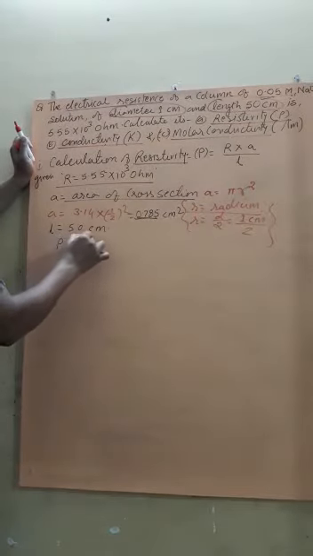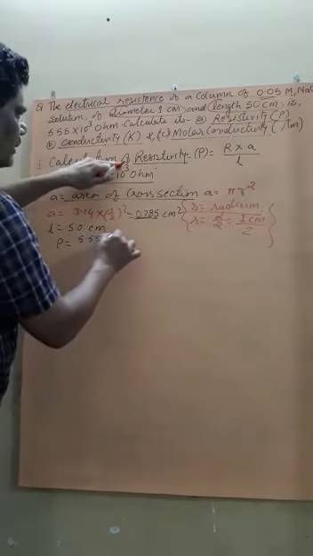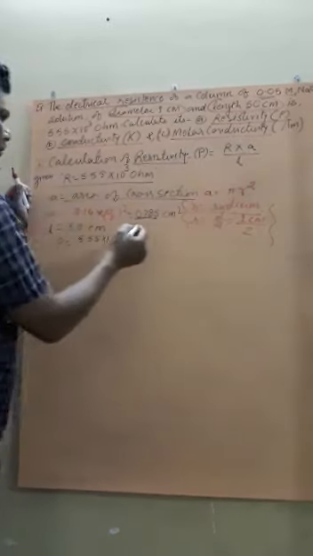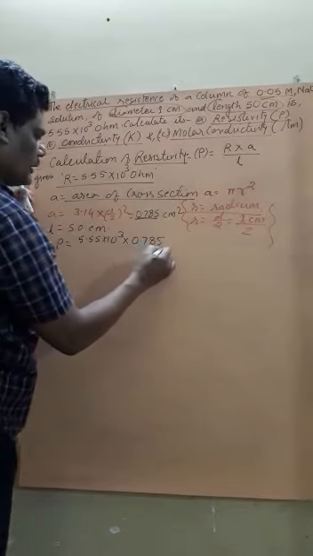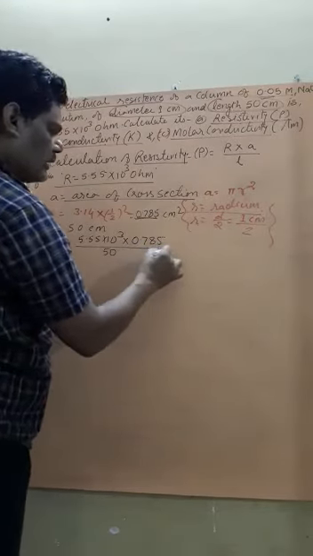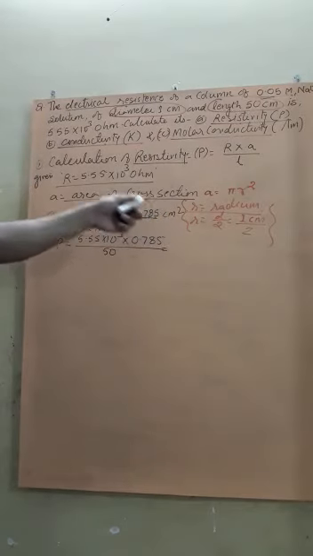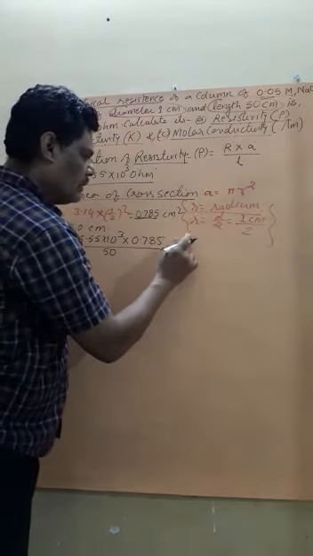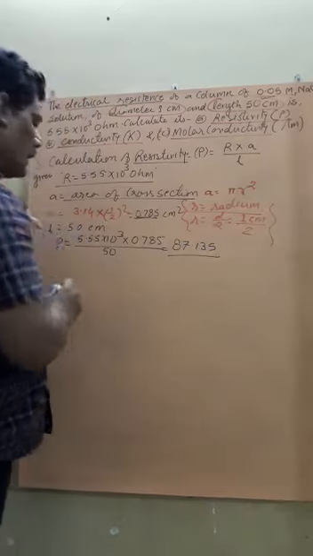Now place the values in specific resistivity. 5.55 into 10 to power 3 multiplied by A, here is the A, 0.785, divided by 50 centimeter. Now when you solve it, you will get the answer 87.135.